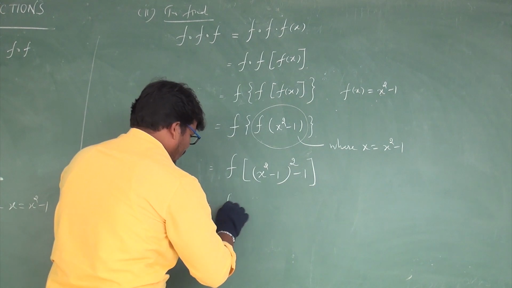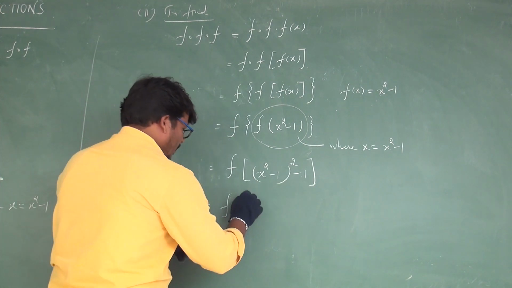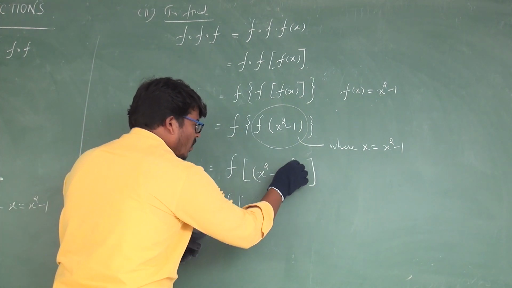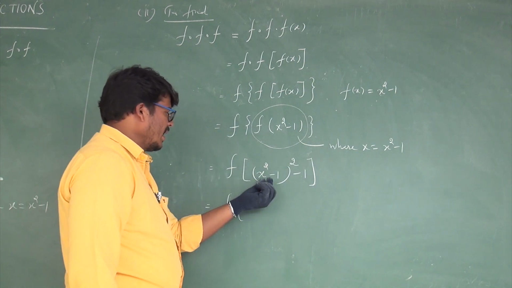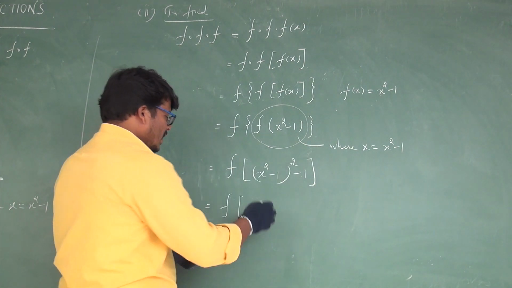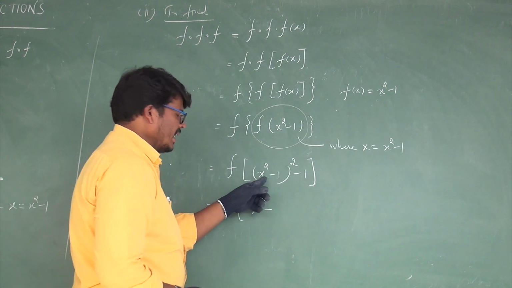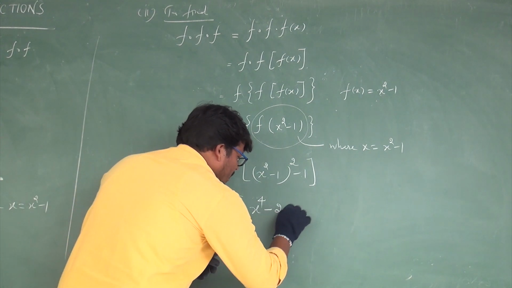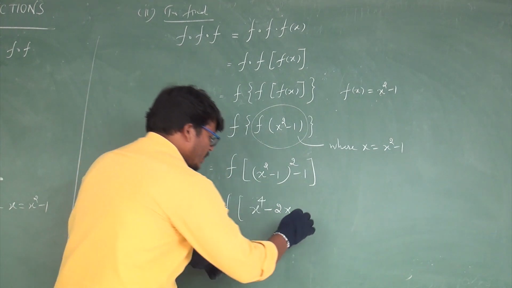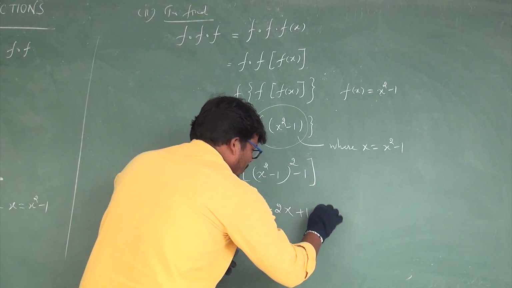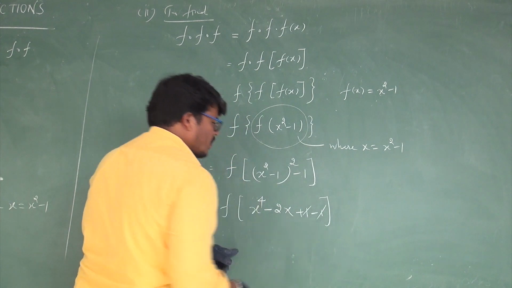That is f of (x square minus 1) whole square minus 1. Now expand. (x square minus 1) whole square is already expanded: x power 4 minus 2x square plus 1, and minus 1. Minus 1 plus 1 gets cancelled.